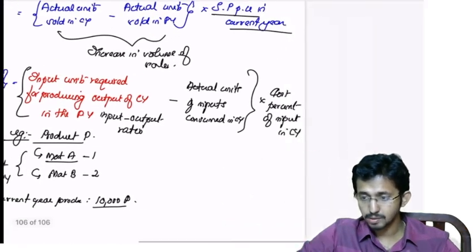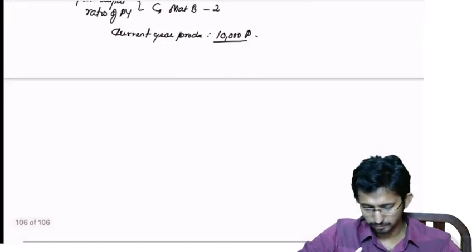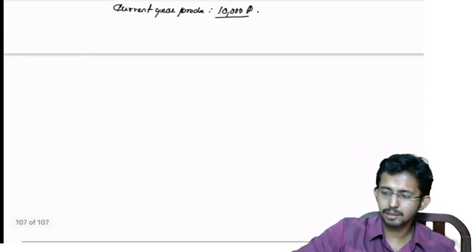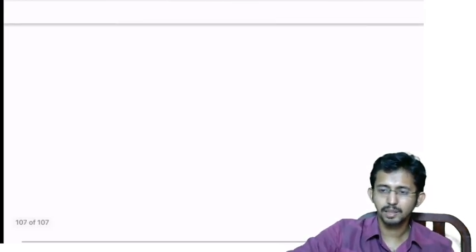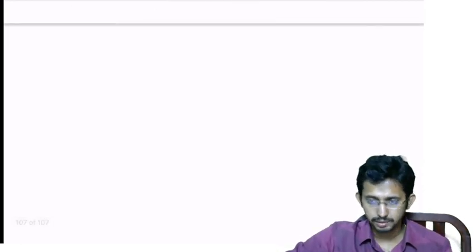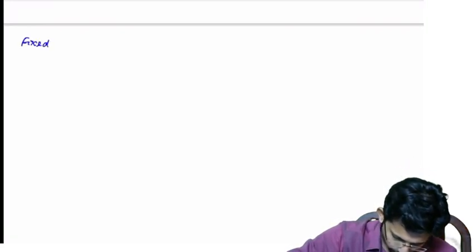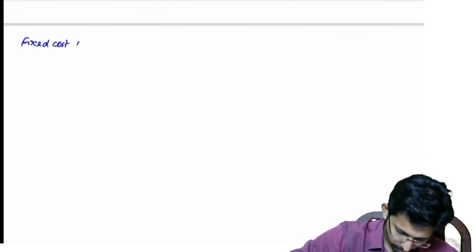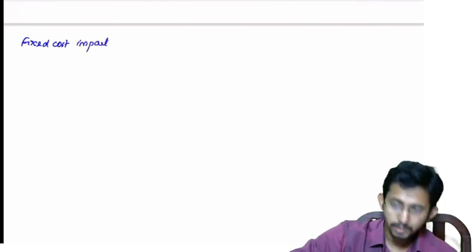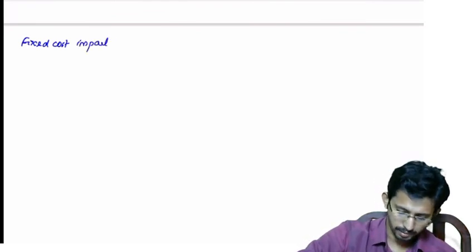Now, next formula, going further, you have fixed cost effect, not impact.